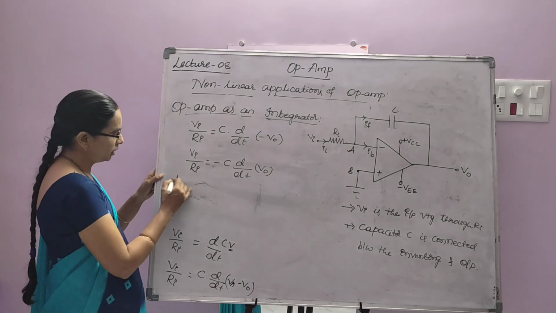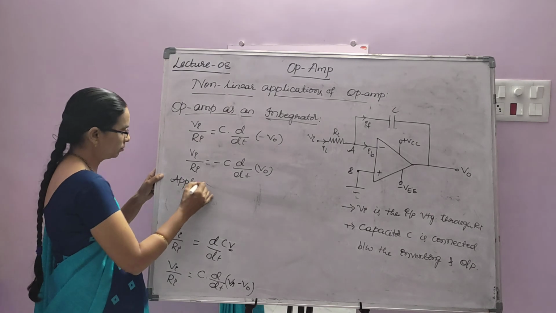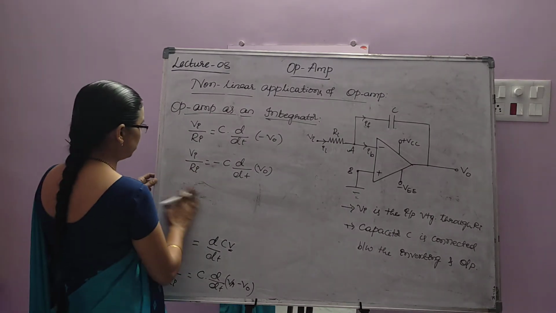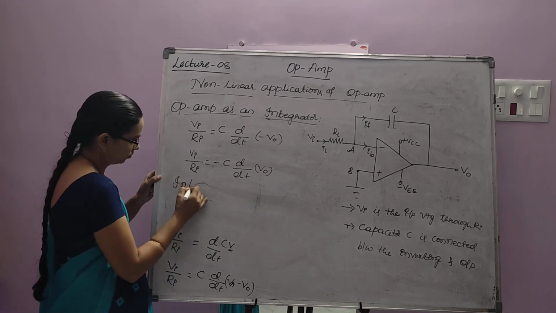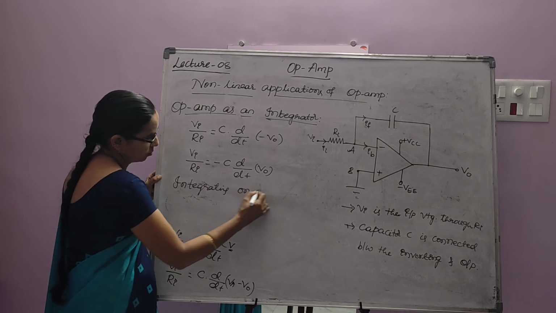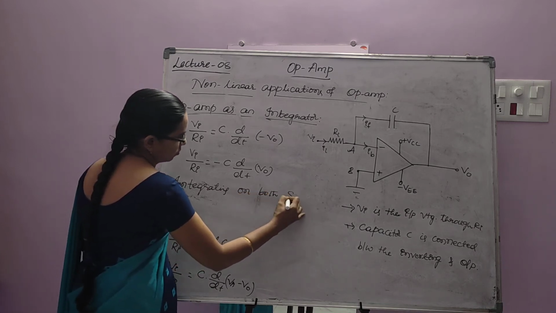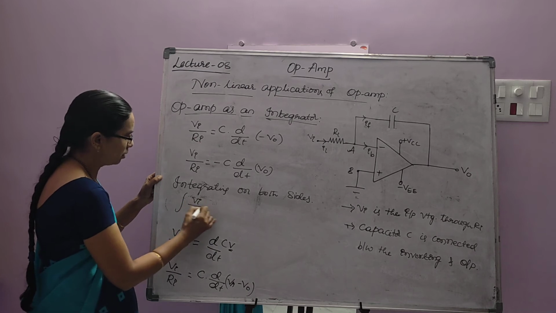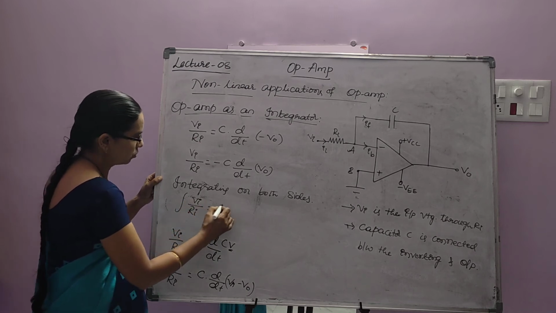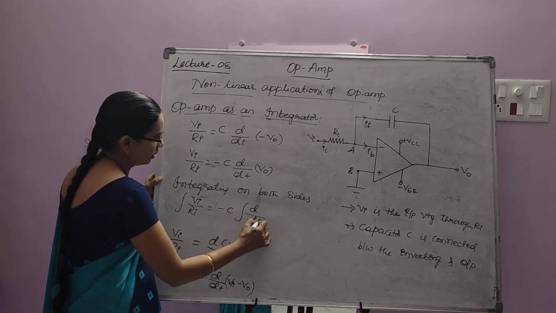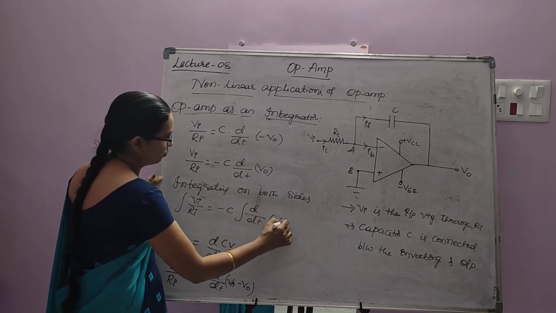Then integrating on both sides, integration of Vi by Ri is equal to minus C into integration of d by dt of V naught.